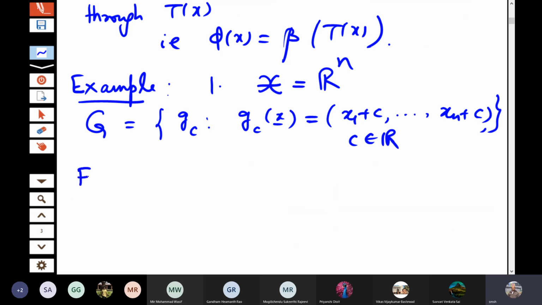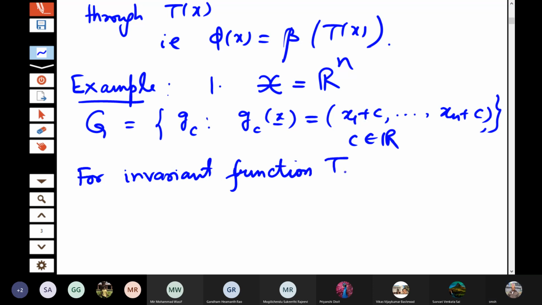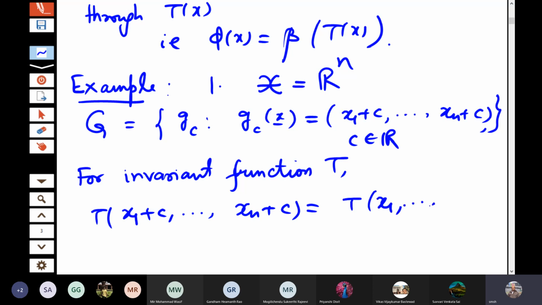Now for invariance, what do we need? For an invariant function T, you will need T of (x1 plus c, and so on, xn plus c) equal to T of (x1, x2, ..., xn), because it should not change. T of g_c x is equal to T of x for all x and for all c.